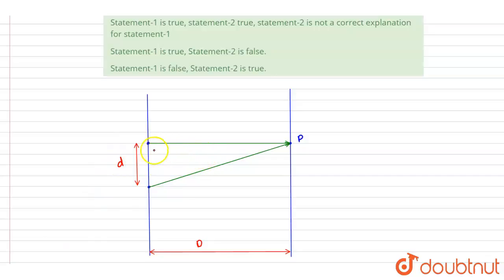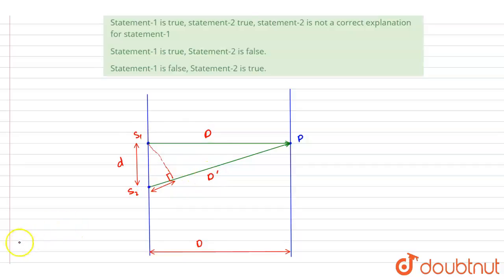So if you see here, you can get the path difference if I draw a perpendicular here. This will be the path difference. You can also get this by using the Pythagoras theorem and subtracting them. The path for slit 1 and the path for slit 2 are D and D dash.